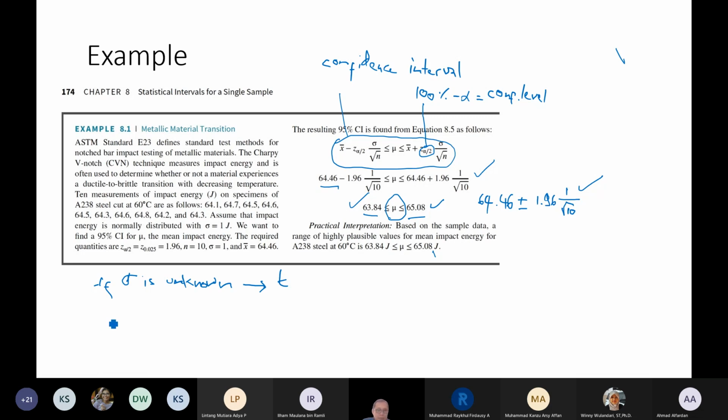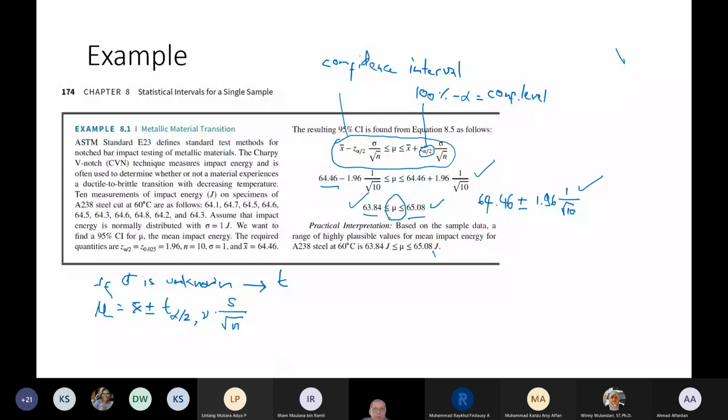So mu then becomes sample average plus minus t, calculated at half of alpha and at a specific degree of freedom, times s, because we don't know the value of sigma, so sigma has to be approximated by s divided by square root of n.